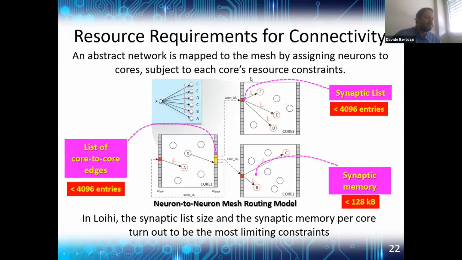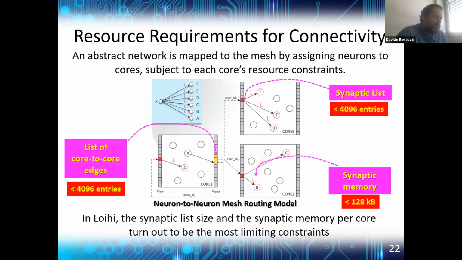So clearly, in order to program a spiky neural network on top of this system, you end up requesting a huge amount of memory resources. And that's the fundamental bottleneck of these architectures. It has to do with the connectivity state.